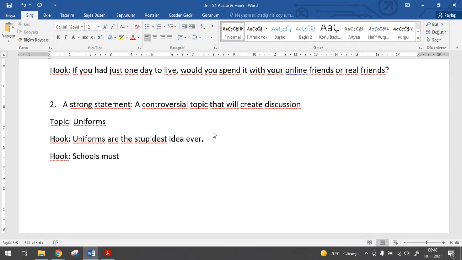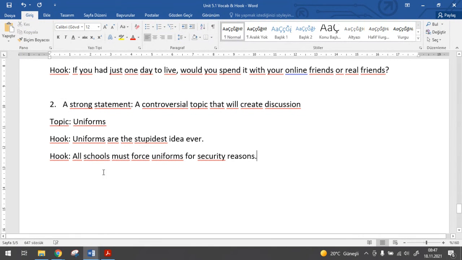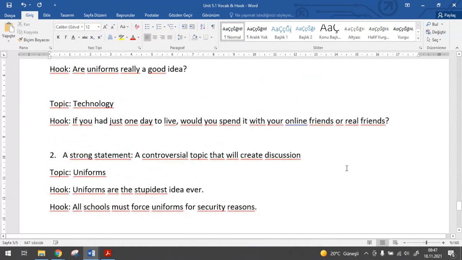Schools must, not schools, but let me say all schools, because it's strong: all schools must force uniforms for security reasons. This is another strong statement because it says all schools, not some schools, and it says must, and it uses the word force. So that's another strong statement.